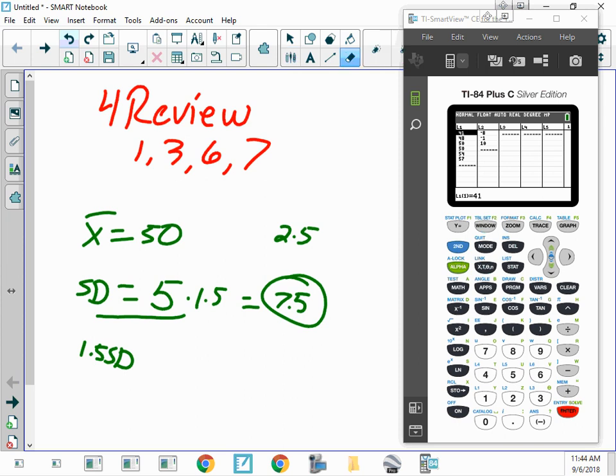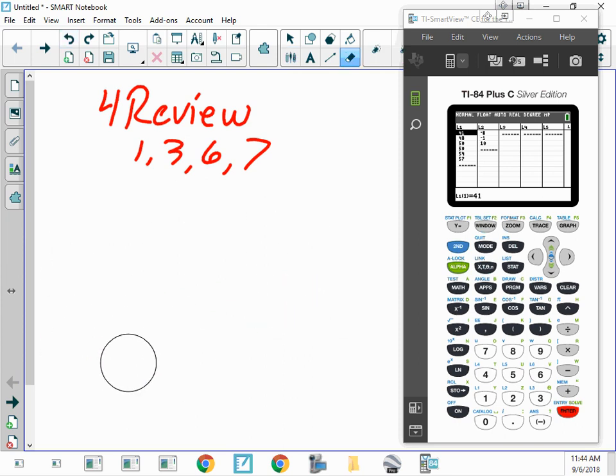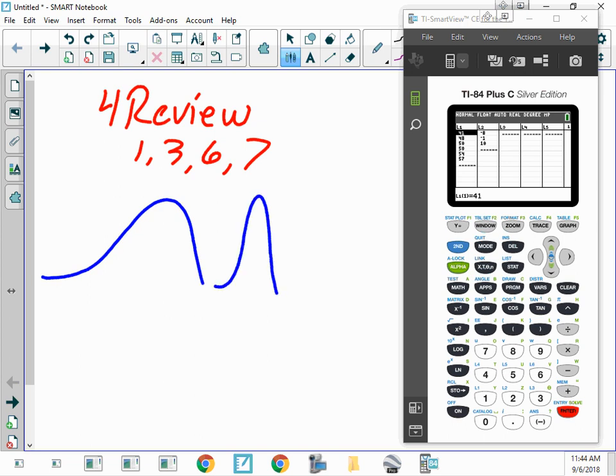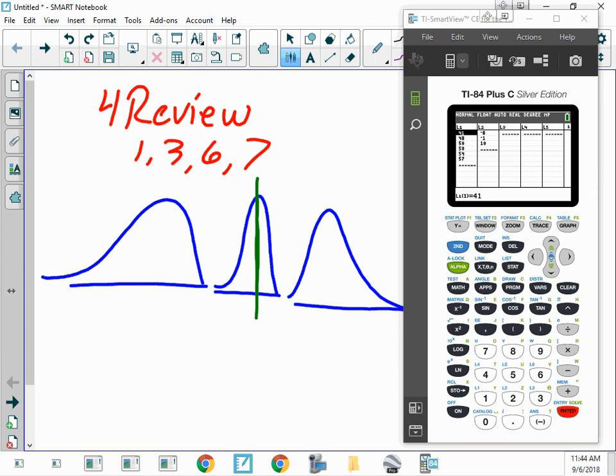So let me draw these so I can draw the marks. Okay. So obviously this one has the median and the average being exactly the same place. What does median do on a histogram?